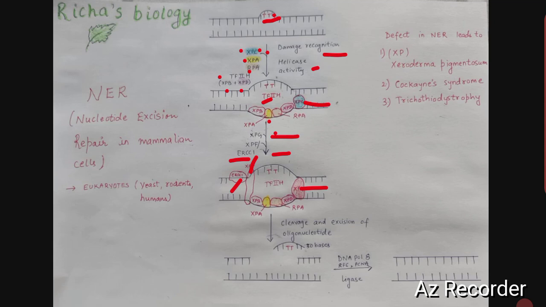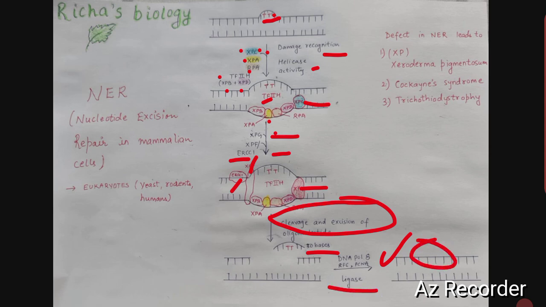After that, the cleavage will be done and excision of oligonucleotide, that is 30 bases. The TT dimer will be removed, and next DNA Pol delta, RFC and PCNA proteins will come, and ligase will seal the gap here. So basically in nucleotide excision repair, all these proteins will work in conjunction in the case of eukaryotes like yeast, rodents, humans, right?